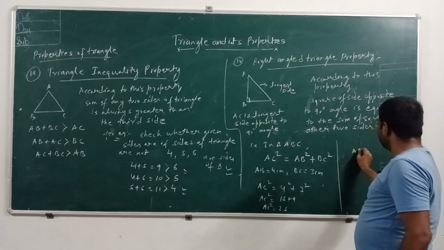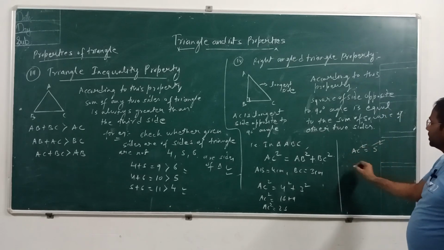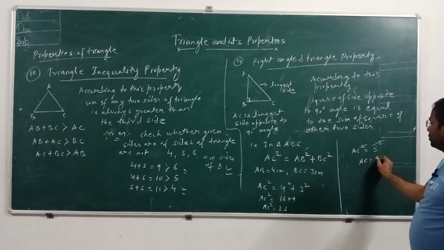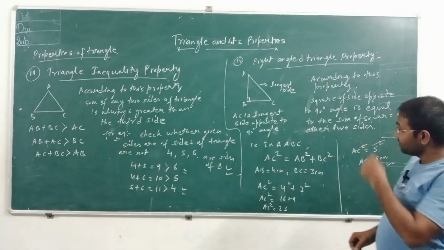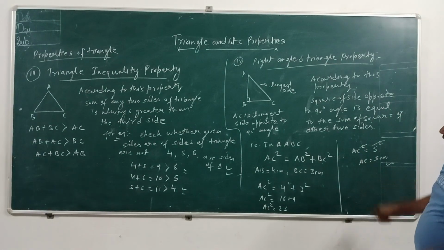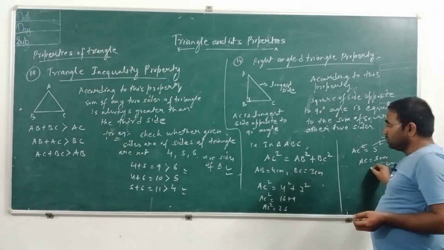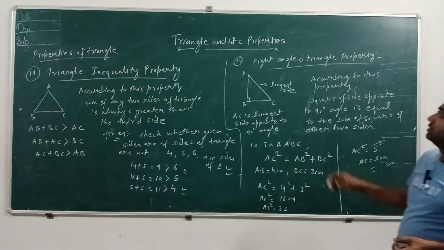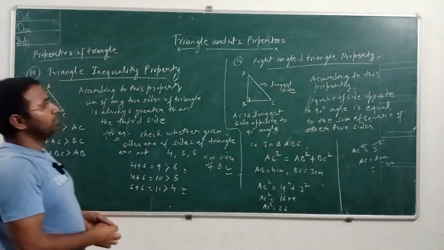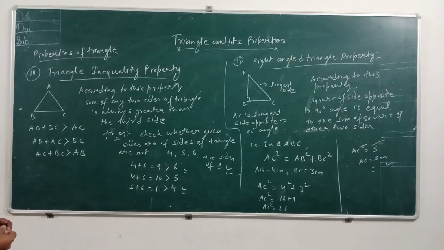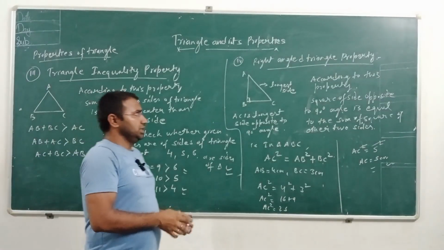Now 25 can be written as 5 square, so the squares cancel each other and AC is equal to 5 centimeter. So see how you can find the third side if two sides are given. So see what the right angle triangle property is and what the triangle inequality property is. I hope you have understood these properties.